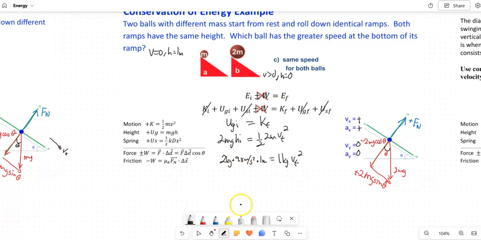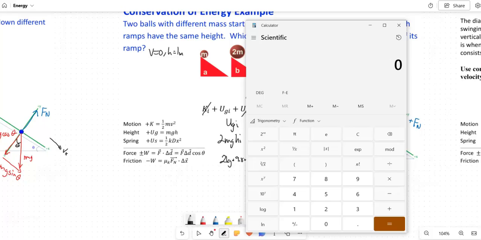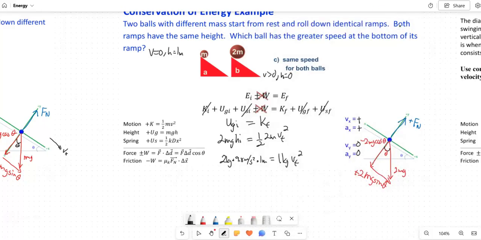This is going to be 9.8 times 2, what is that? 19.6, 2 times 9.8, 19.6, yep, I gotta learn to trust myself. So this side is 19.6 joules, that's equal to 1 kilogram, v final squared.